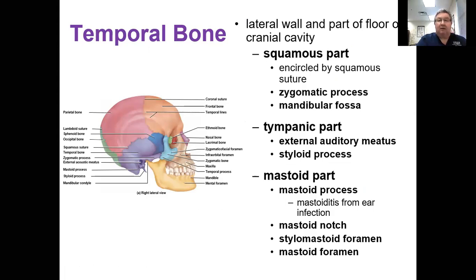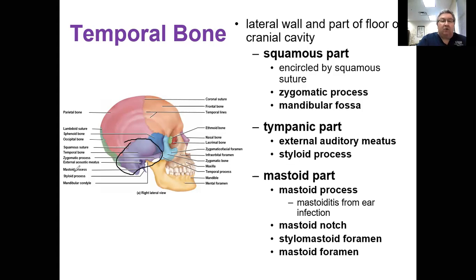Okay. So the temporal bone is this area right here in the purple. The temporal bone has a lot of landmarks on it. The first landmark that you're going to need to know is the external auditory meatus.